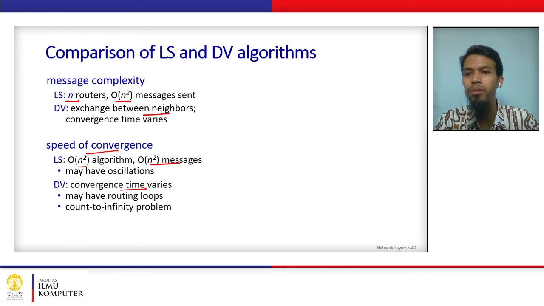As we have seen, it depends on the topology, and also on how the link cost changes. If it changes from a good cost to a bad cost, or from a low cost to a high cost, then it may have routing loops, because the routing just goes back and forth. This is also called the count to infinity problem.